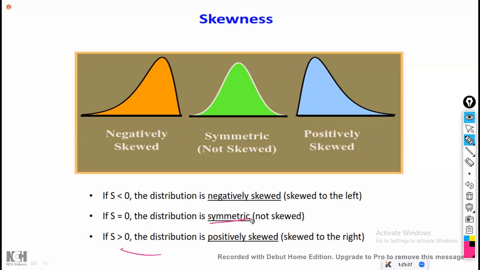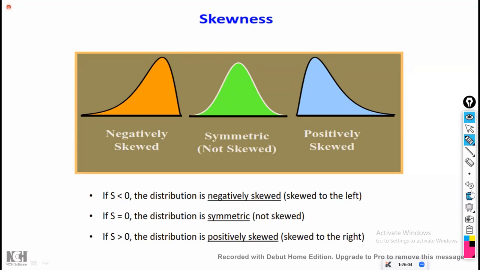Right? Left skewed distribution is called negative skewed. Right skewed distribution is called positive skewed. And symmetrical distribution is called normal distribution. Clear, guys?